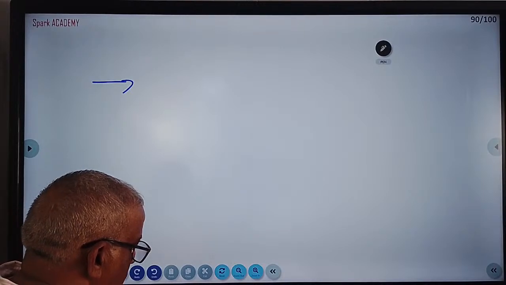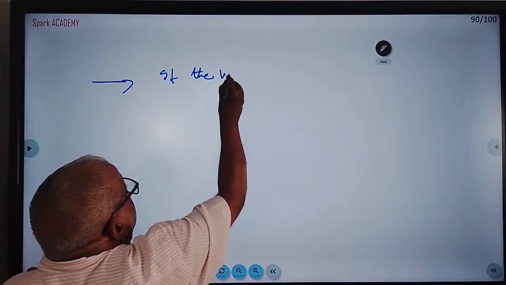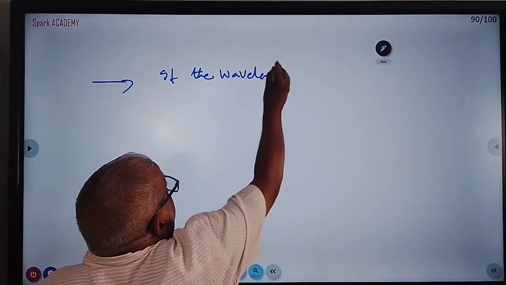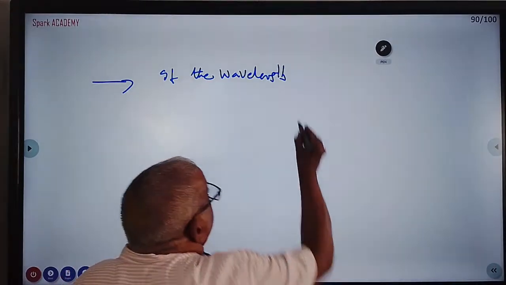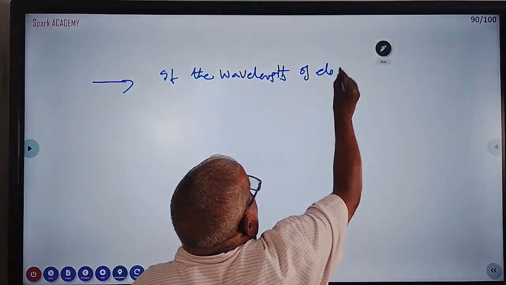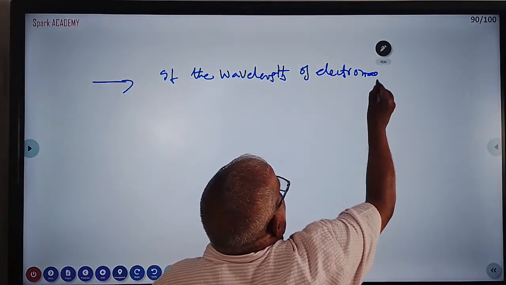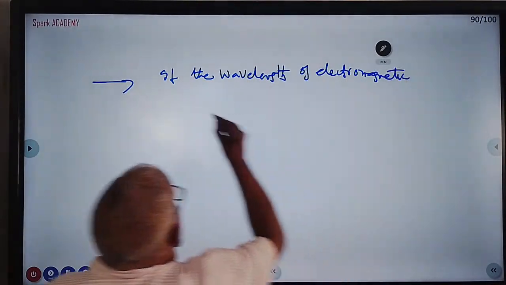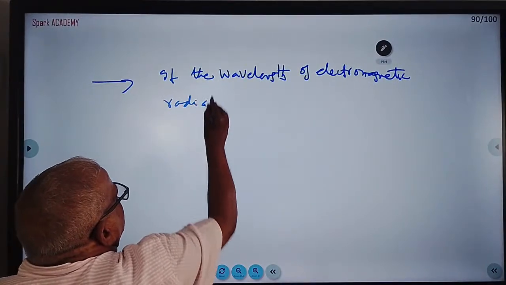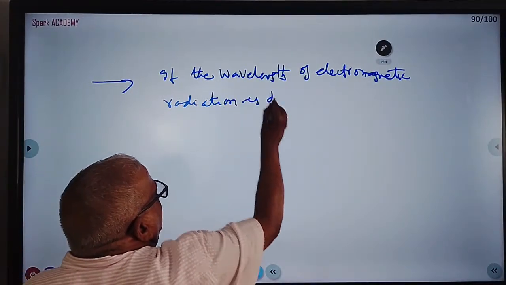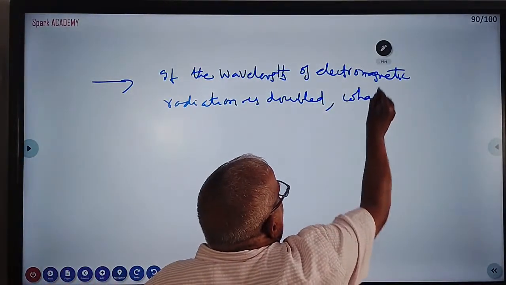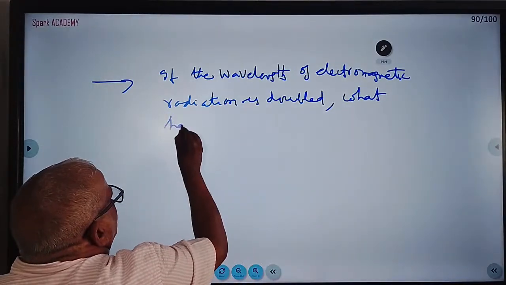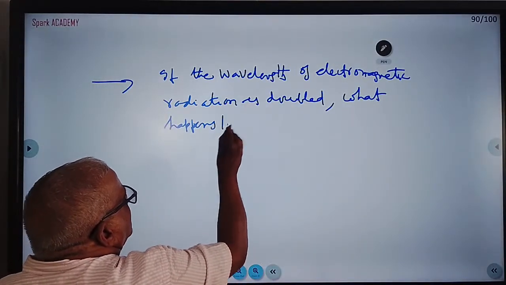So I am writing the question: if the wavelength of electromagnetic radiation is doubled, what happens to energy? I think this is not this chapter.